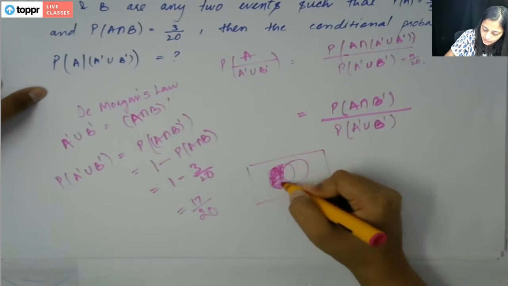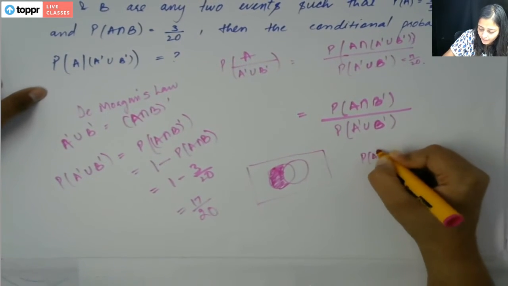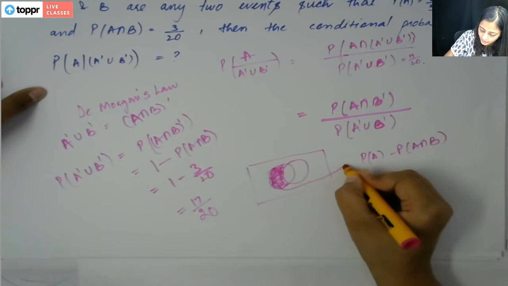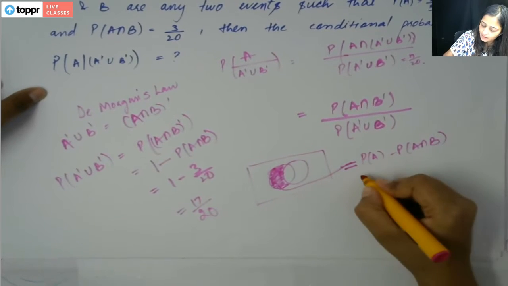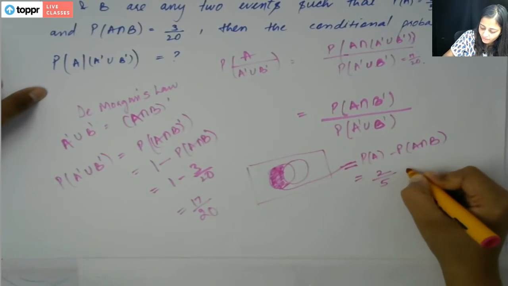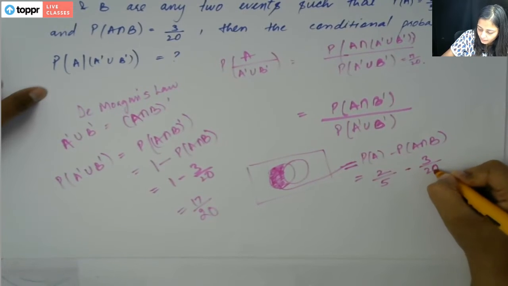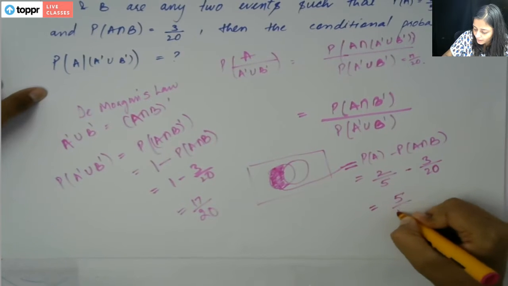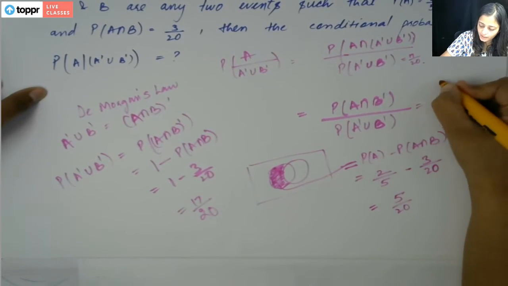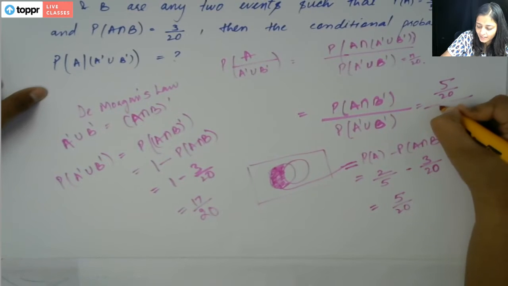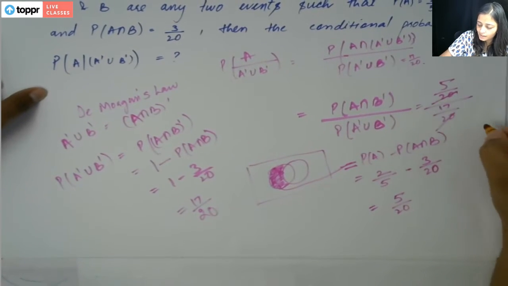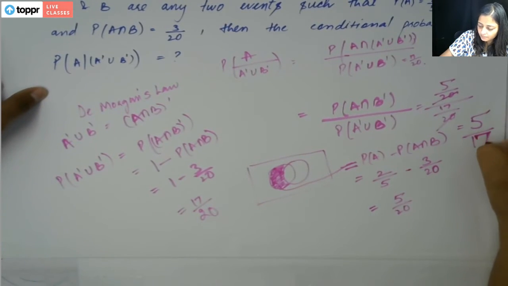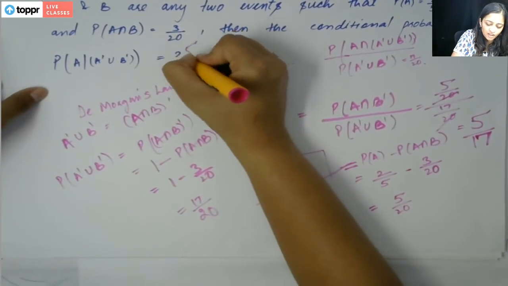So probability of this shaded region is nothing but probability of A minus probability of A intersection B. So probability of A is 2 by 5 minus 3 by 20, which is equal to 8 by 20 minus 3 by 20, 5 by 20. So it is equal to 5 by 20 divided by 17 by 20. So the answer is 5 by 17.